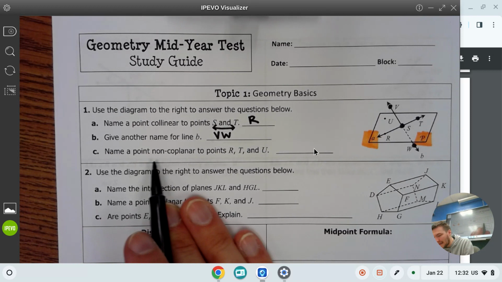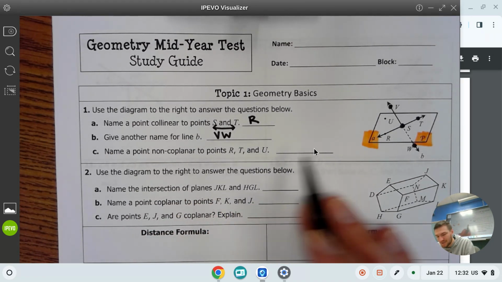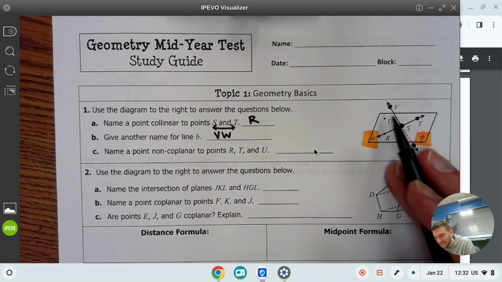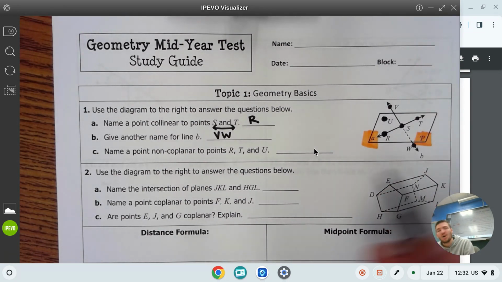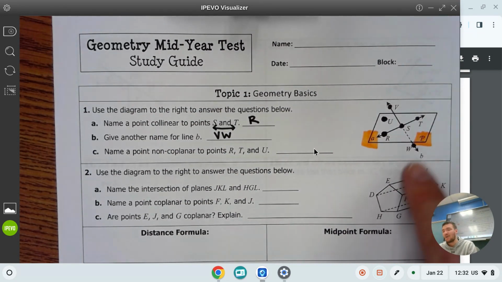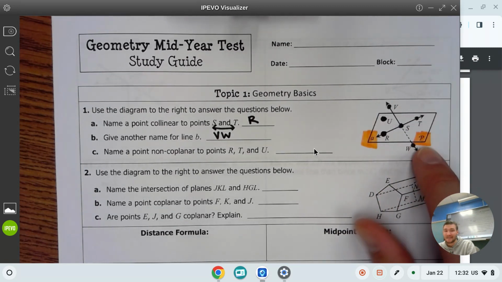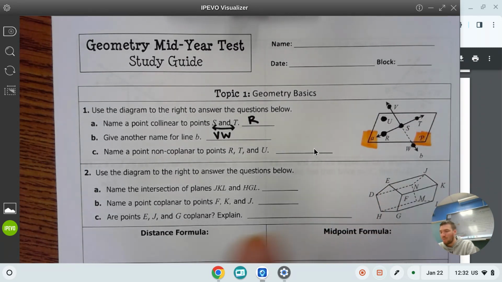Name a point non-coplanar to RTU. These 3, RTU, are all coplanar. They're all on the same plane. In fact, it's plane P. We need a point that is not coplanar with those 3. 2 options here. What do you think?